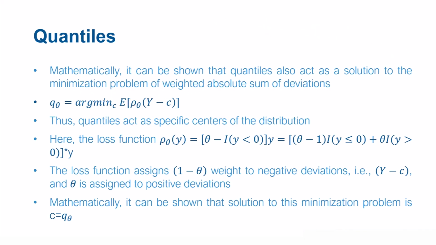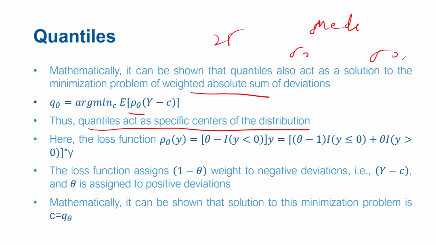The idea here is that quantiles act as specific centers of a distribution. For example, the median was a kind of center of distribution where 50% of values were below and 50% were above. Similarly, the 25th percentile or quantile can be thought of as the position where 1/4 of the values are less than this and the remaining 3/4 are above.